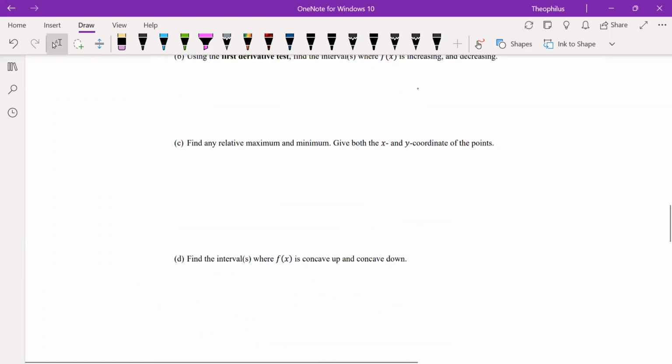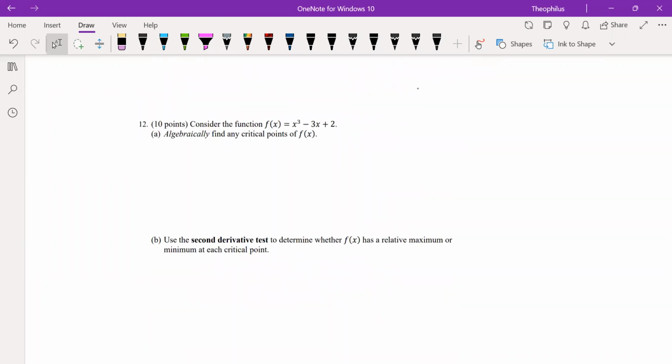So with problem 12, what we're going to do is to find the critical values, or the critical points, of the function.